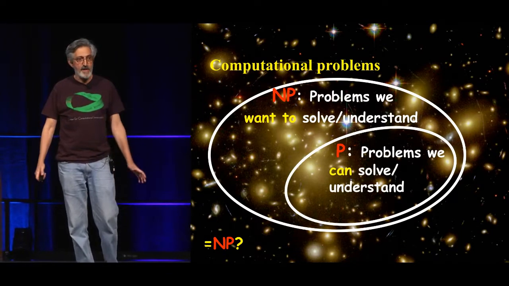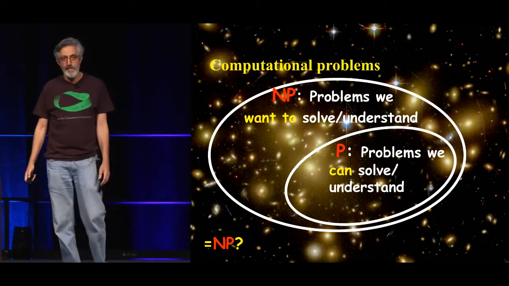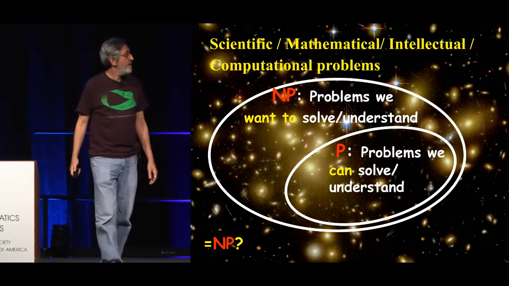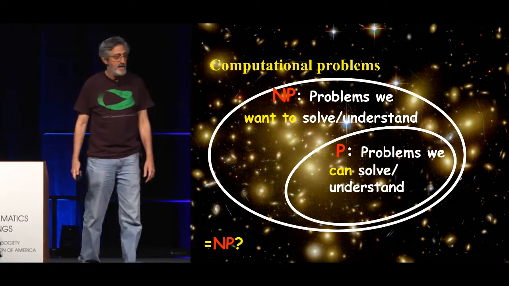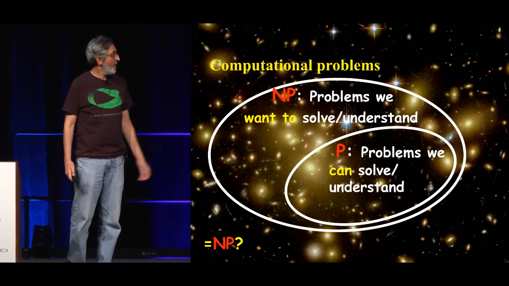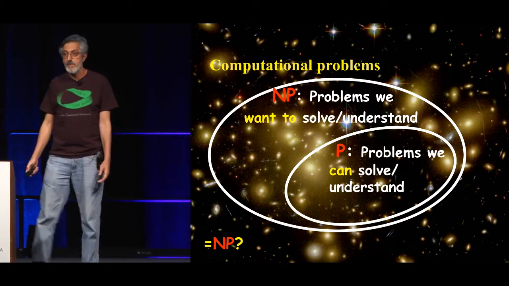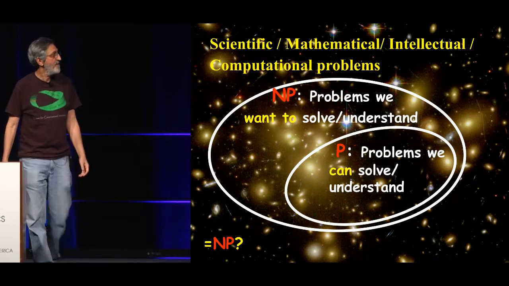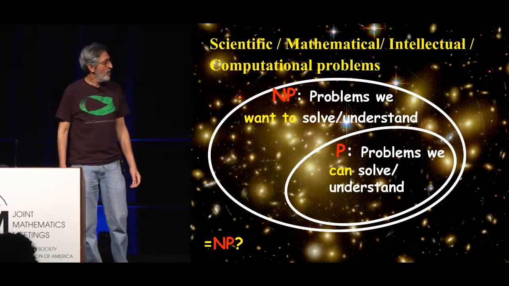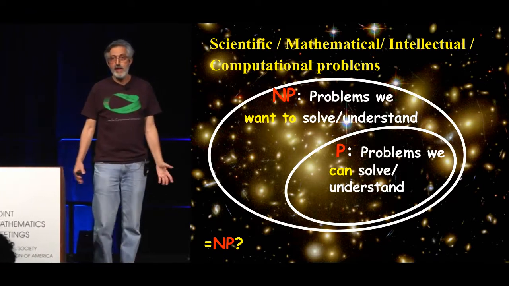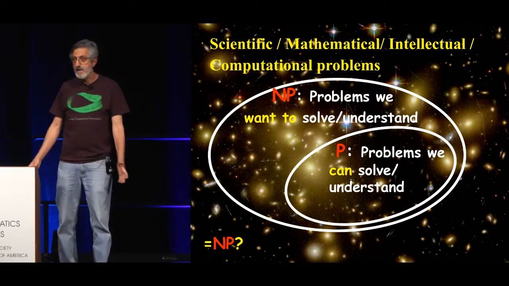You can think of NP as a galaxy of all the problems that we would like to solve, and the class P of all the problems that we can solve efficiently. And so the question of whether P equals NP is whether we can solve all the problems we want to solve, and computational problems are also scientific or mathematical problems. So it's really a question about the limits of our knowledge. And everybody believes that P is different than NP.